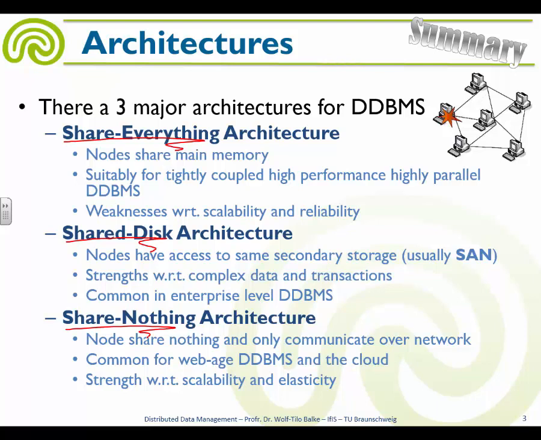And you see that from the share everything architecture, where a central control is very easy to establish, over the shared disk architecture, where you can compute in different areas, yet all the data comes from one place, so the communication is kind of limited, to the share nothing architecture, where everything is distributed. The data has to be shipped to the processors.